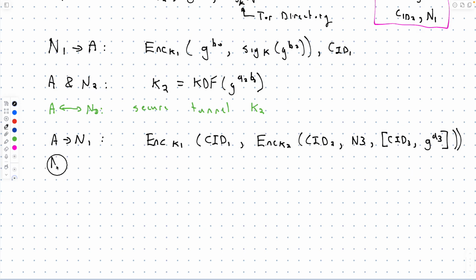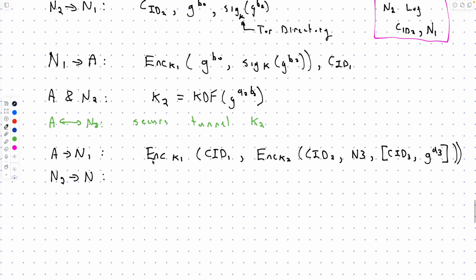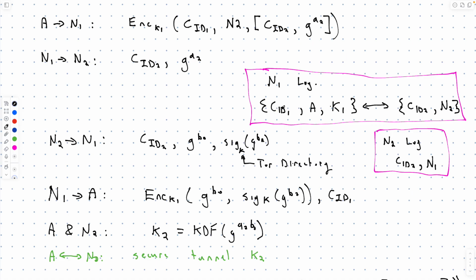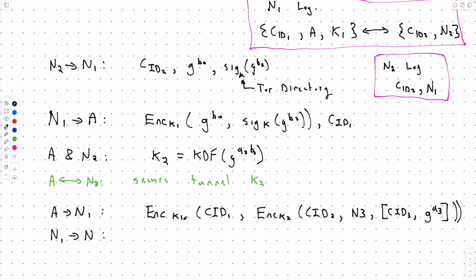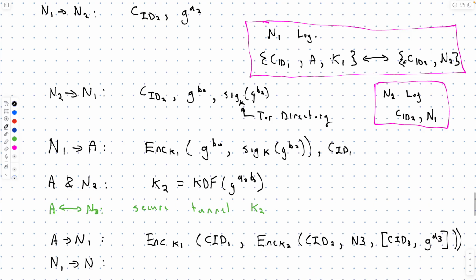All right. N1 is going to look at this. It's going to decrypt it. It's going to see CID1. It's going to say, what do I know about CID1? Oh, that came from Alice with K1. So I'm happy now. I can decrypt it, and I need to send that to N2, and it has CID2 with it.